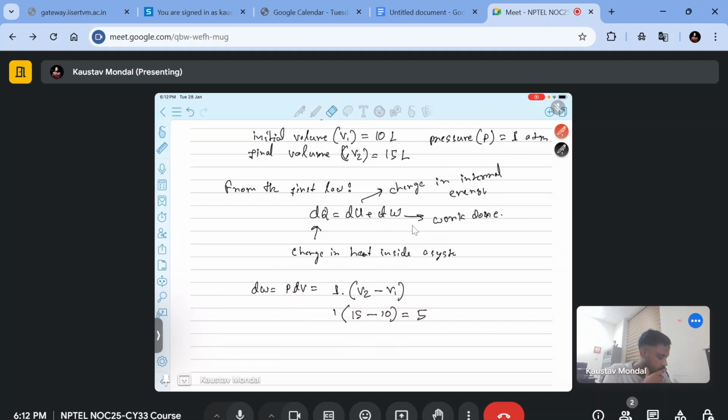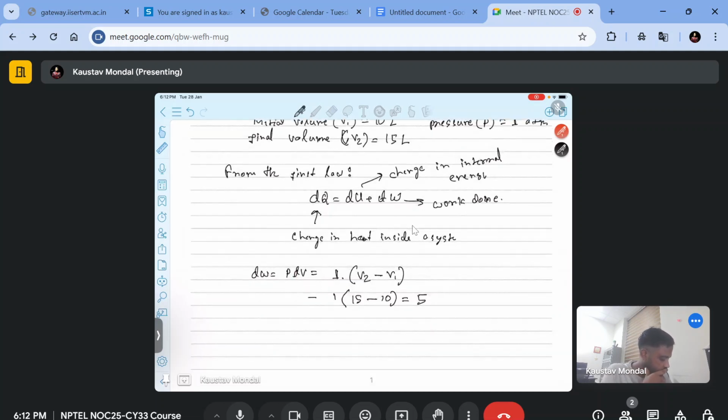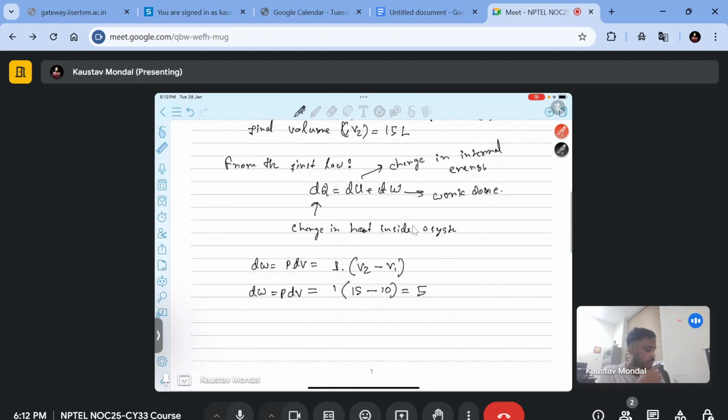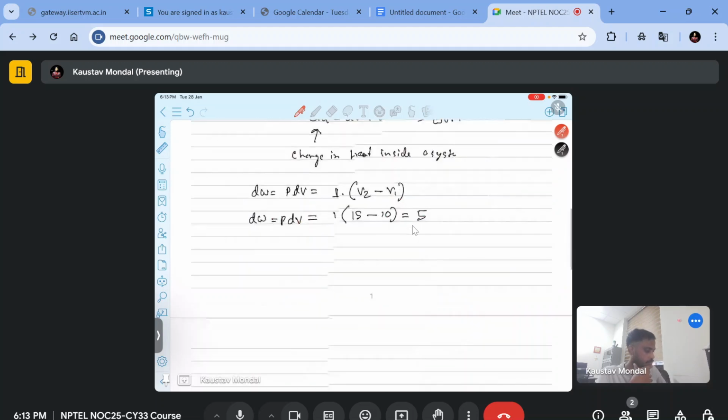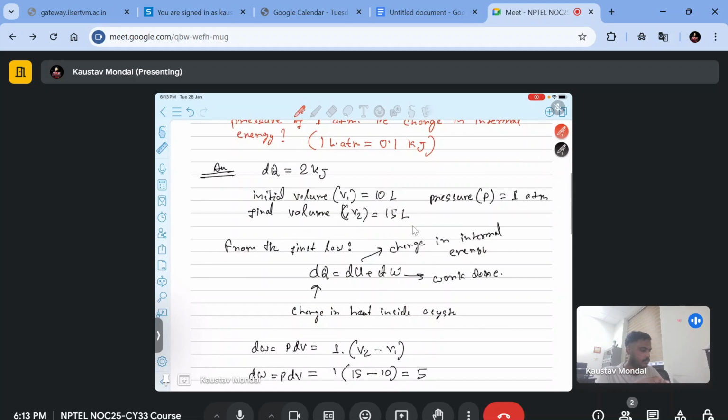So dw equal to pdv, which becomes 5. Now we also have to be conscious about the units, right? In the question itself, the unit conversion is given, which is 1 liter atm equal to 0.1 kilojoule. There is a reason why this unit conversion is given.